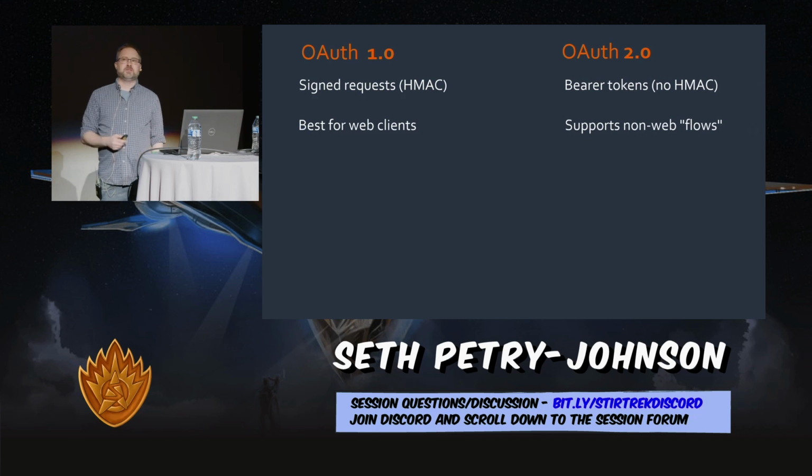OAuth 2 was designed in an attempt to simplify those things. It gets rid of the signed requests in favor of bearer tokens, which are easier to implement, and it provides more support for enterprise and non-web use cases. Now, when I first wrote an earlier version of this talk, there was a lot of debate in the industry about which version was better.